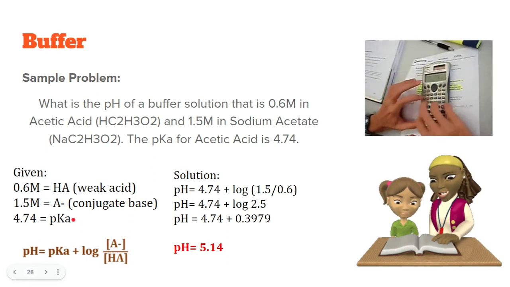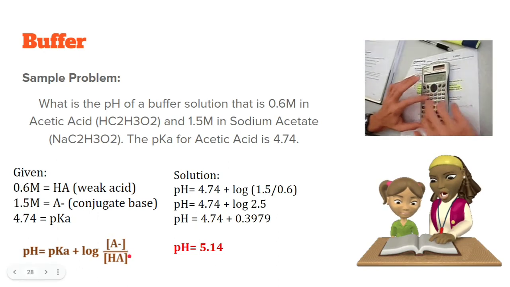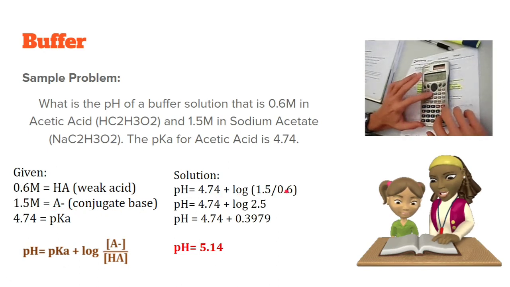Then, using the Henderson-Hasselbalch equation, pH is equals to pKa plus logarithm of a conjugate base divided by your weak acid. Substitute. pH is equals to 4.74 plus logarithm of 1.5. Ito po, conjugate base, divided by 0.6 weak acid. Calculate 1.5 divided by 0.6 is 2.5.